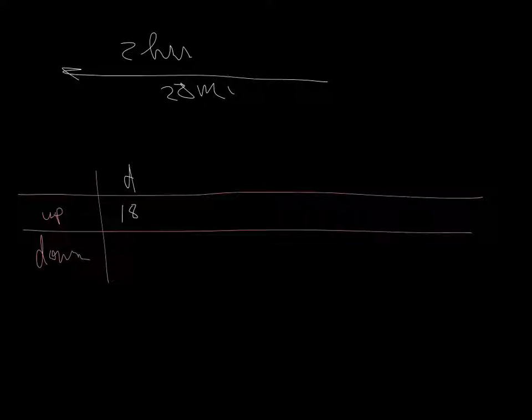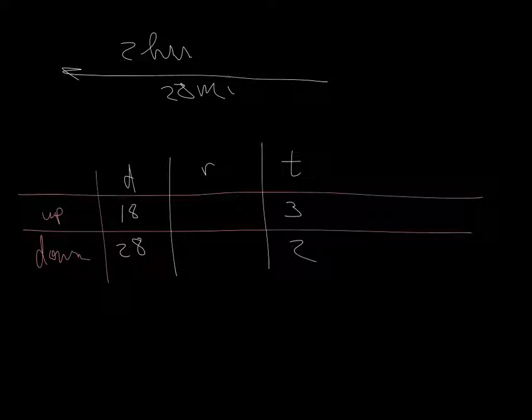Our distance downstream is 28 miles. And how fast are we going? We have no clue. How much time is it going to take? Well, I know it's going to take 3 hours to go upstream and 2 hours to go downstream. Okay, so my difficulty is finding something to put in here for the rate.